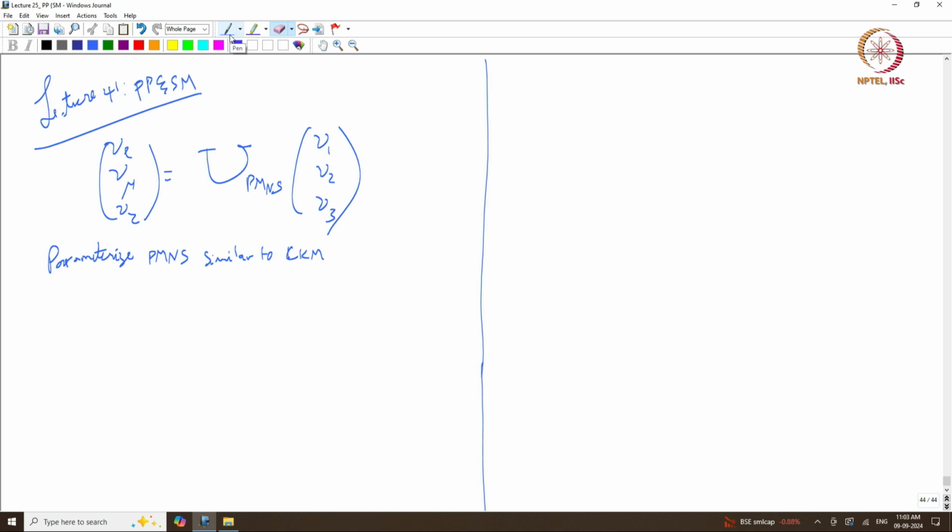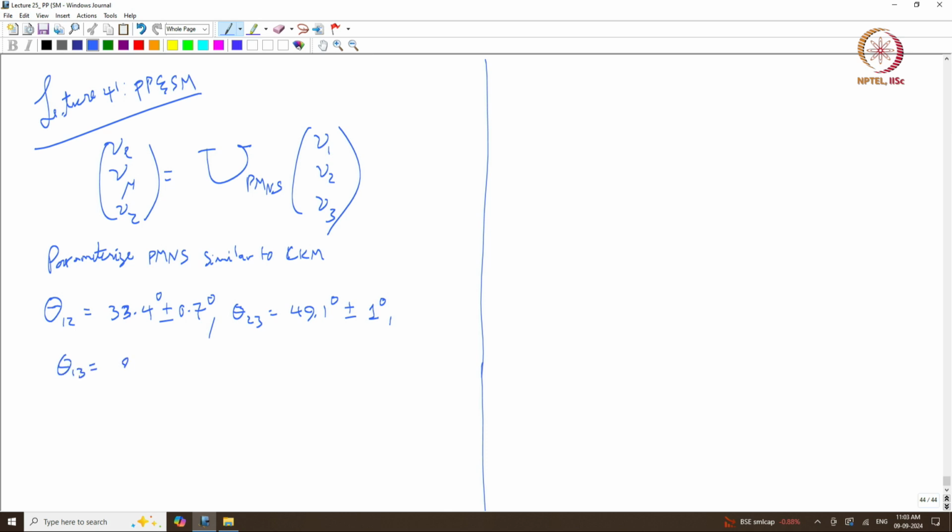So, using that parameterization as before, I now have theta 12 is 33.4 degrees plus or minus 0.7 degrees, that is the error. Theta 23 is 49.1 degrees plus or minus 1 degree.